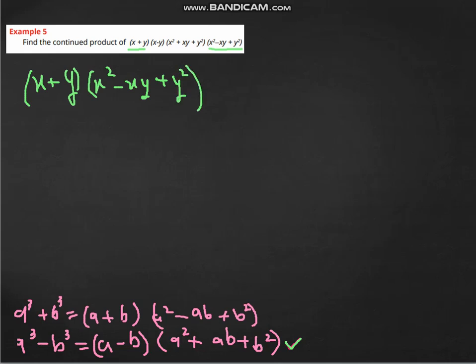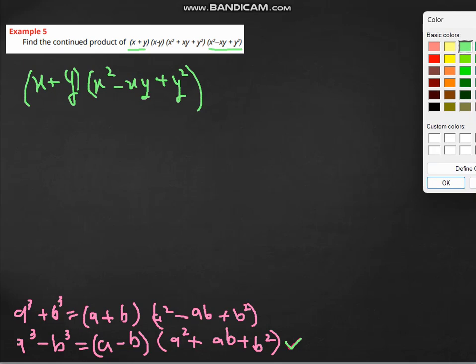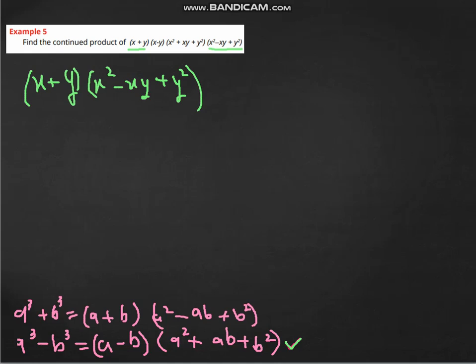And the other brackets, I'm going to change the color to show the differentiation. This and this will be written together: x minus y, x squared plus xy plus y squared.